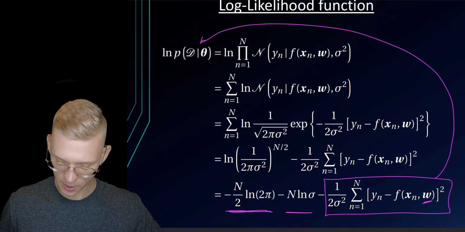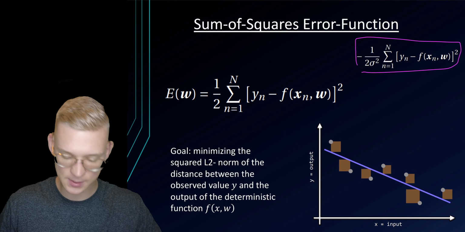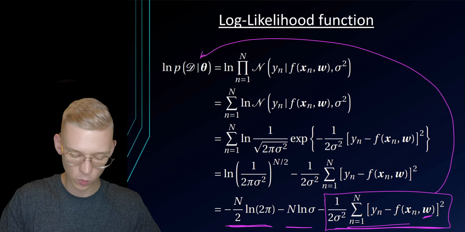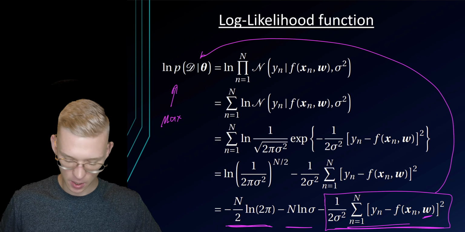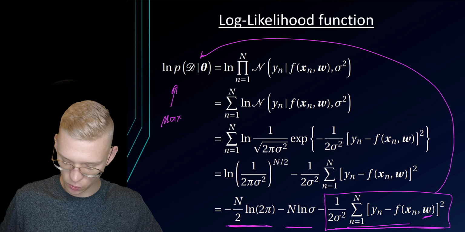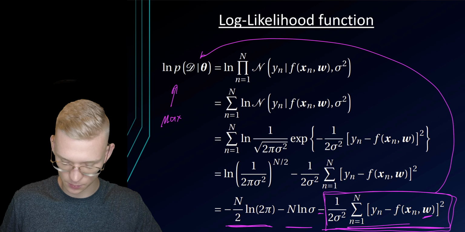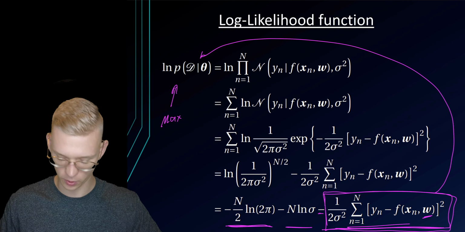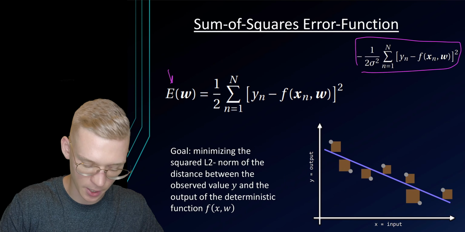This error function that we just derived, I rewrote it back here, is our error function. We want to maximize the likelihood, which is basically to minimize this error term, because if we subtract less, we will get more. So we want to minimize this function, and we call it our error function.